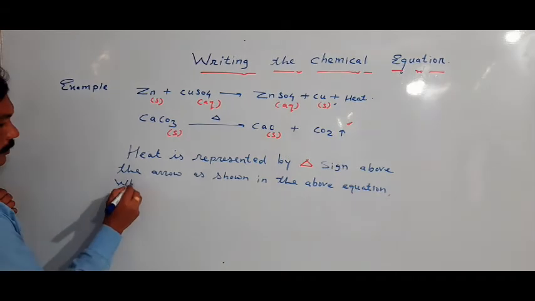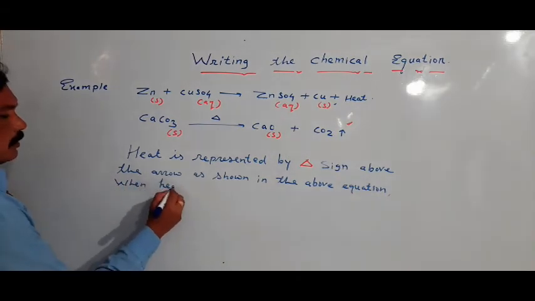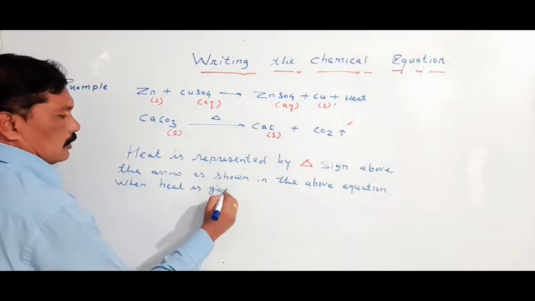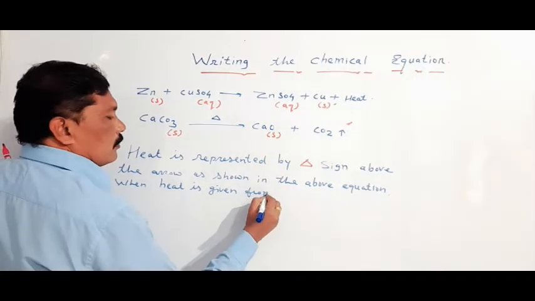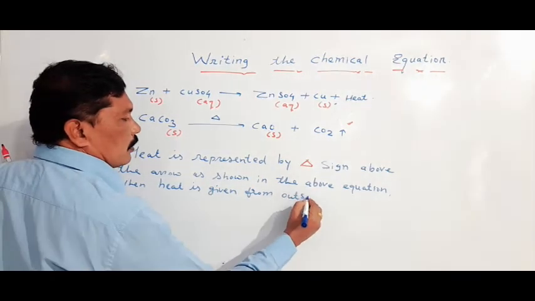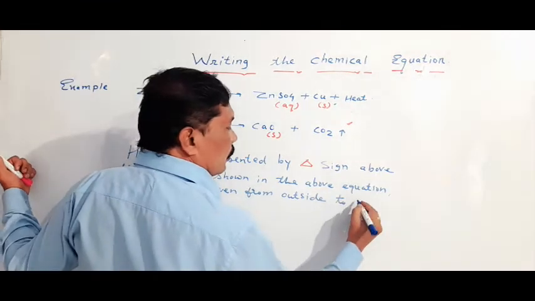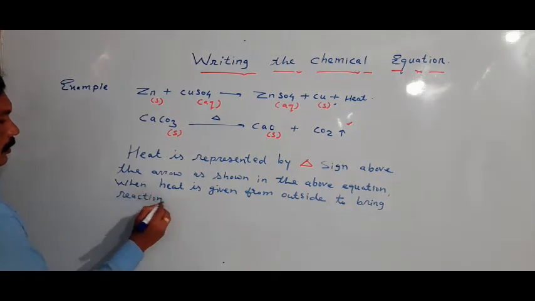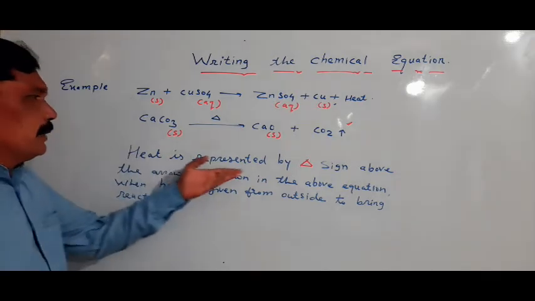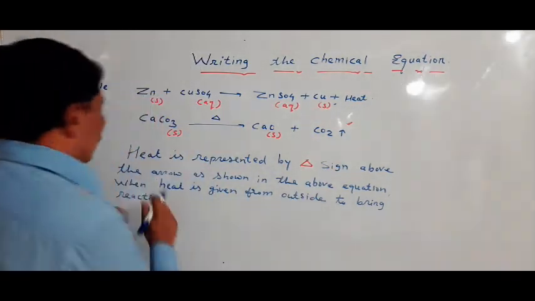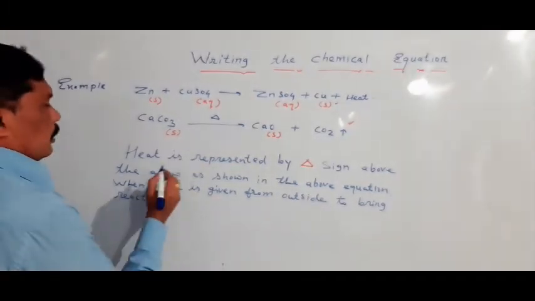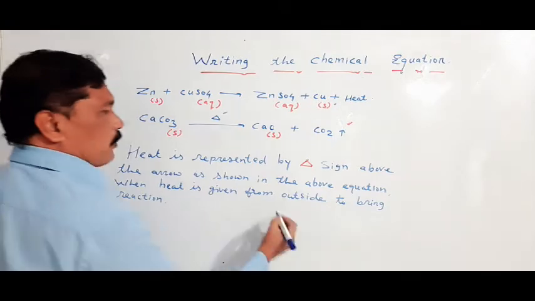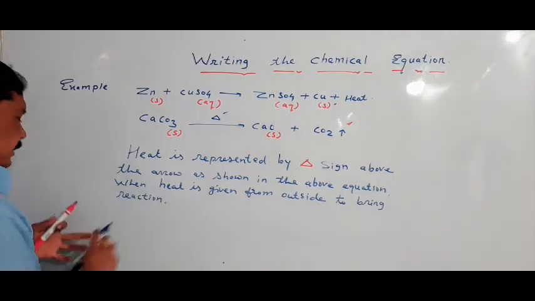When heat is given from outside to bring the reaction, my dear student, it is represented by a triangle sign above the arrow, as shown in the equation, when the heat is given from outside to bring the reaction.